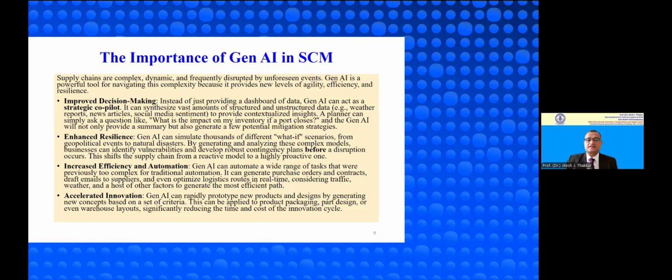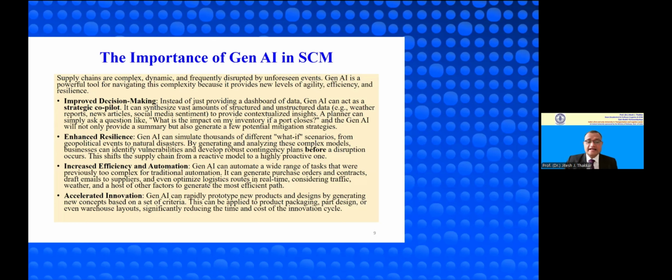Second, it enhances resilience. It simulates thousands of what-if scenarios, from geopolitical events to natural disasters. By generating these scenarios, it helps to analyze the complex model, and businesses can identify vulnerabilities and develop robust contingency plans before a disruption can occur.